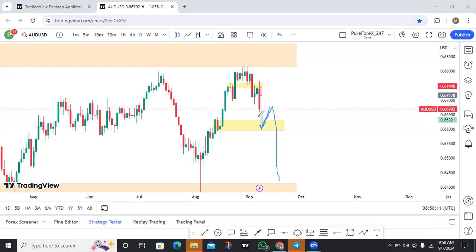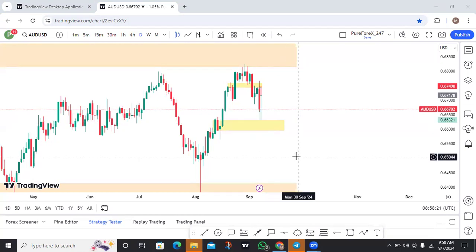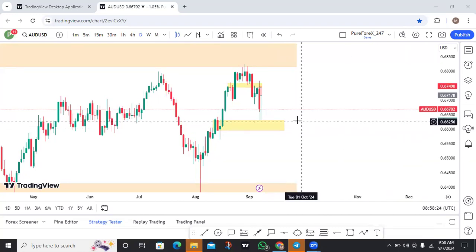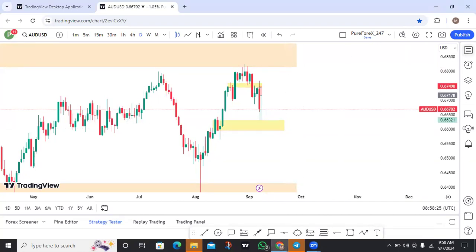So if you want to hold your trade, at least monitor when your trade enters these demand zones, you have to take profit. I just want to let you guys know, on a long time view, if you want to hold your trade.